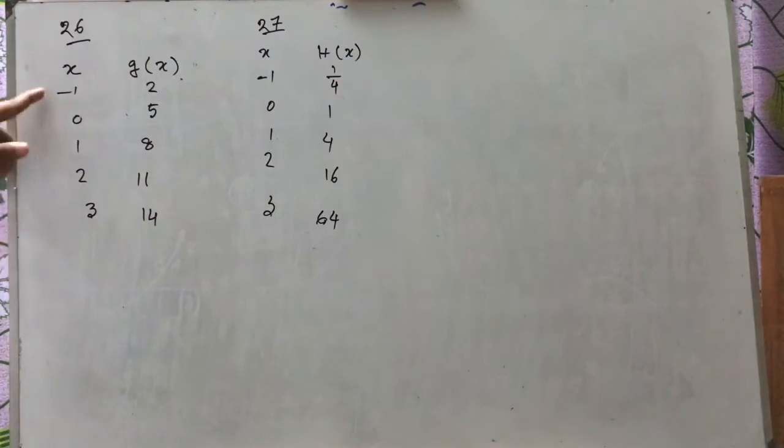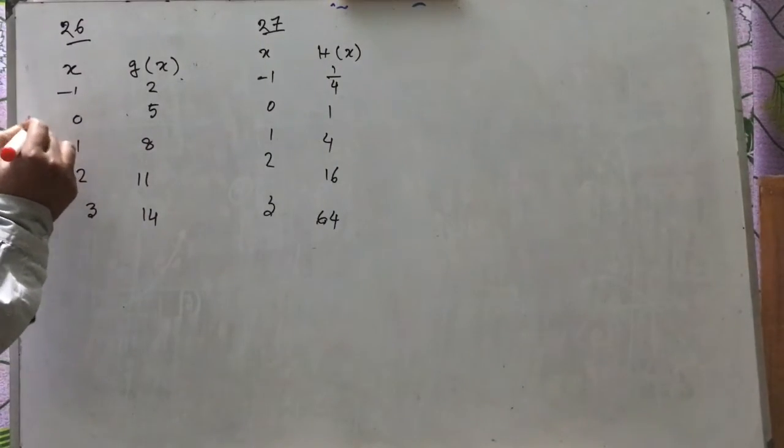The gap on the x side is already 1, so you do not have to worry about it. Linear means the gap is always the same, and here also the gap is the same. So this data is actually linear data.